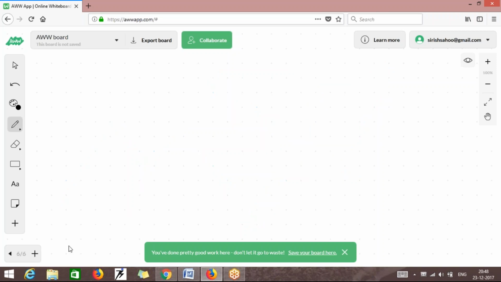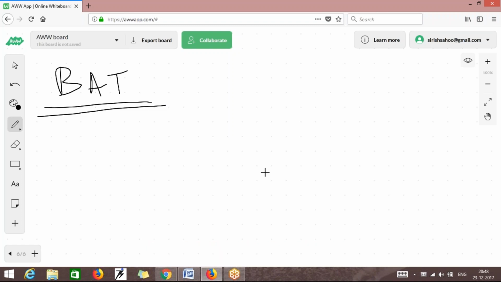Now moving to the next one, that is BAT. I know the picture will not be clear unless we see a live chart. We will move on to that, but before that let me discuss a few of the patterns.